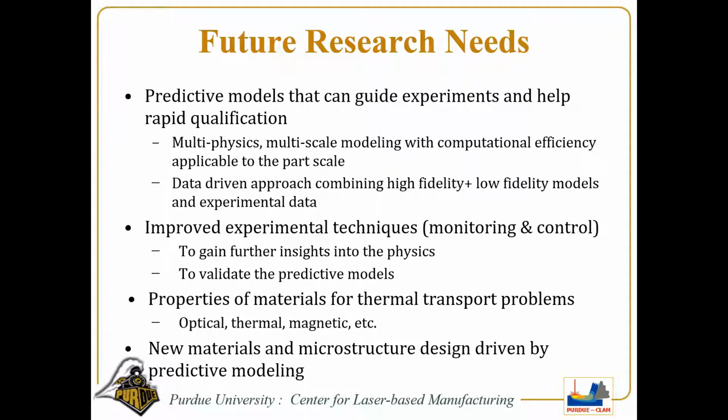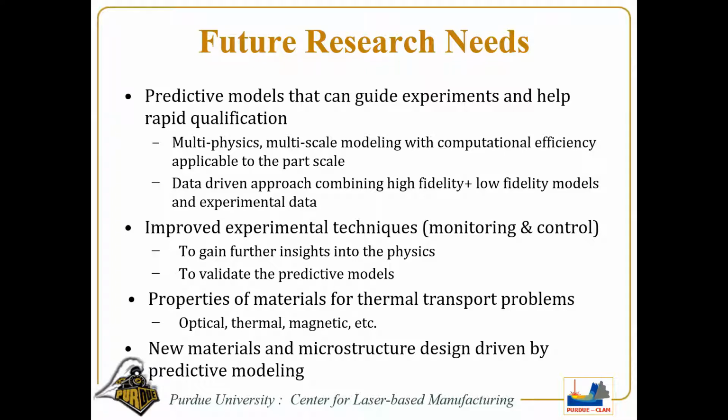Also, this last one is very important. You cannot understate the importance of this one: new materials and microstructural design. Okay, so people are constantly trying to come up with a new material that will give a better performance.